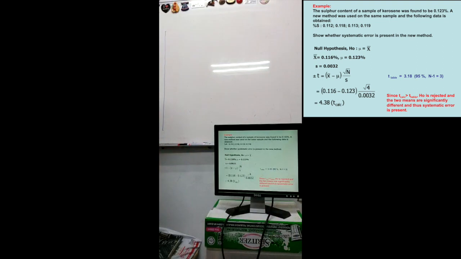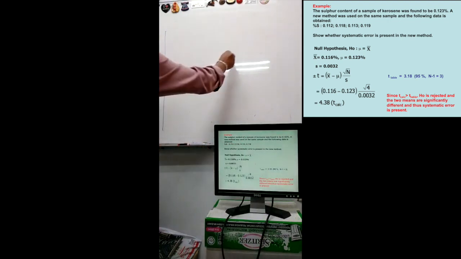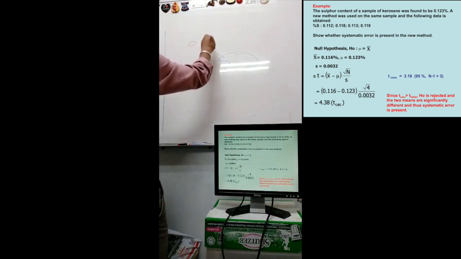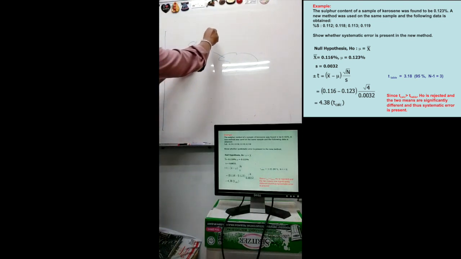Okay, look at this example. The sulfur content of a sample of kerosene was found to be 0.123%. A new method was used on the same sample, and the following data was obtained. This is the result from the previous method, or the standard method, which is 0.123.